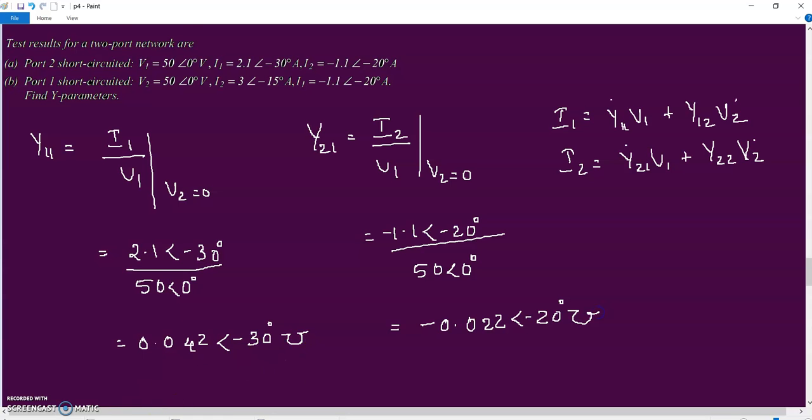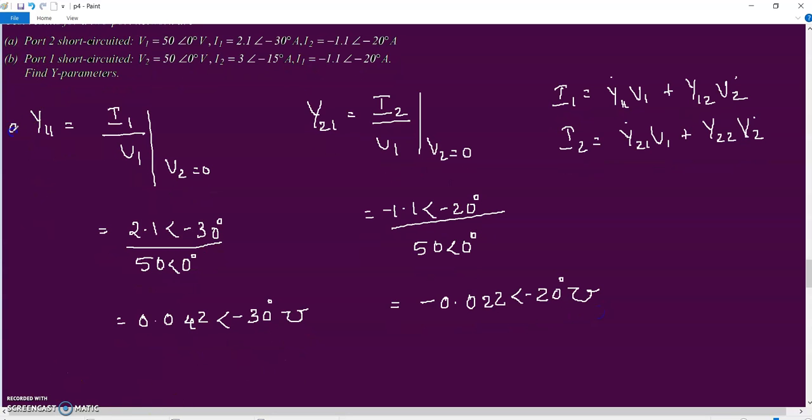Okay. Next, we have port 1 short-circuited and the values are given. When port 1 is short-circuited, it means V1 is 0.